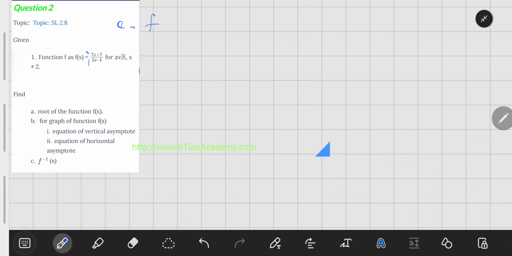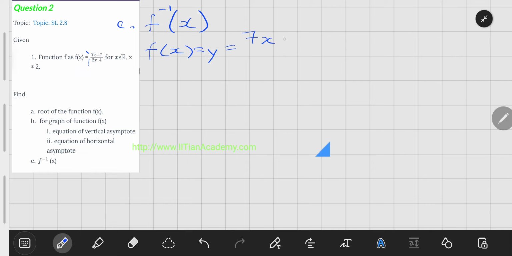So we can find the horizontal asymptote by dividing the leading coefficient of the numerator by the leading coefficient of the denominator. So that will be 7 over 2, which becomes 3.5. So this is the equation for our horizontal asymptote.